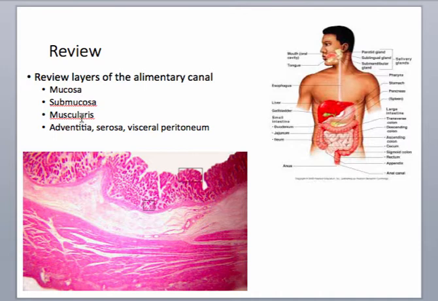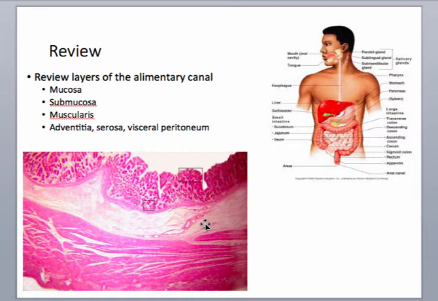So within the alimentary canal, there's the lumen on the inside, and that's the inside of the organ. The mucosa is the layer that lines the lumen, typically going to be epithelial cells. Beyond that is the submucosa, a lot of glands here, blood vessels, there's a nervous system network.